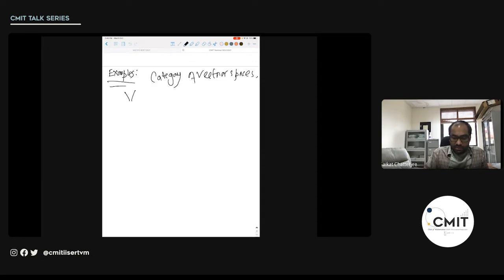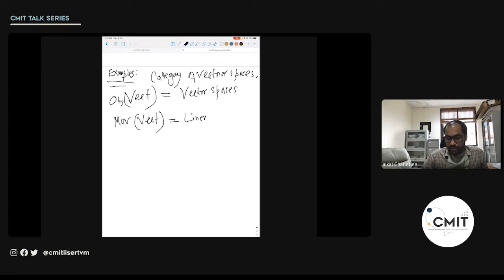If you denote this category by Vect, then the objects of Vect are vector spaces. That means an element of this set is actually a vector space. And as you can probably guess, the morphism set will be the linear maps.